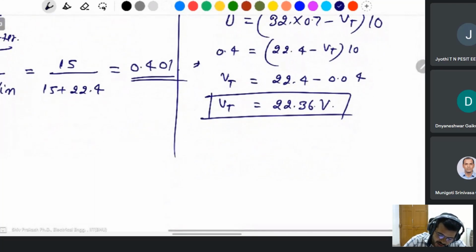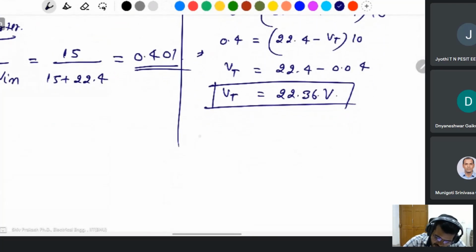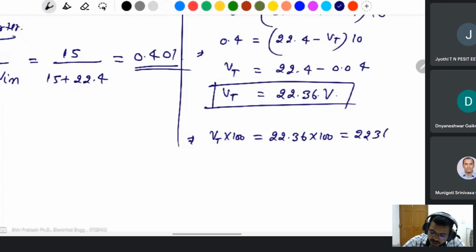And the question is asking about Vt into 100, so multiplication of 22.36 into 100, this will be 2236. That is the answer of this question.